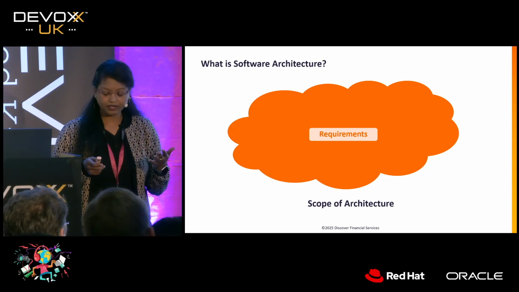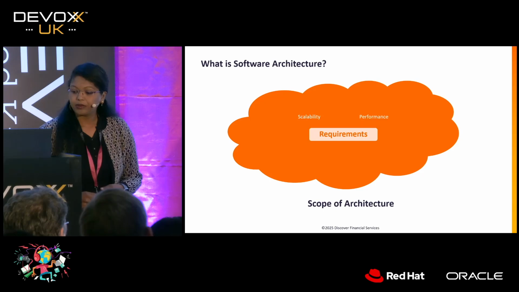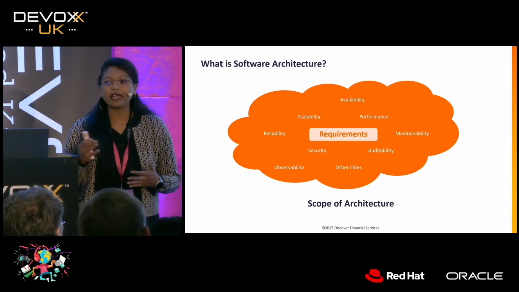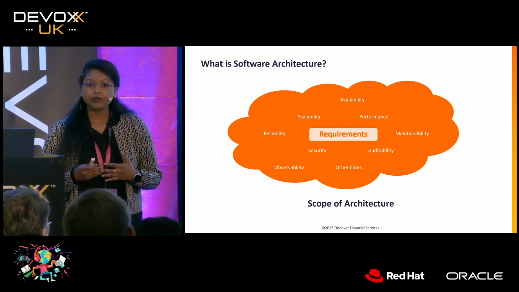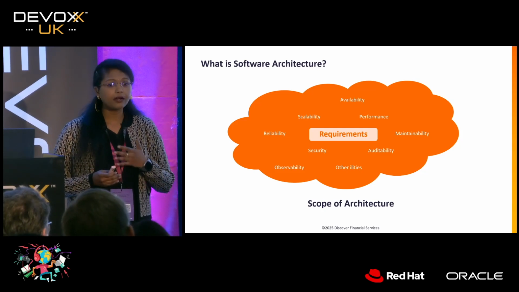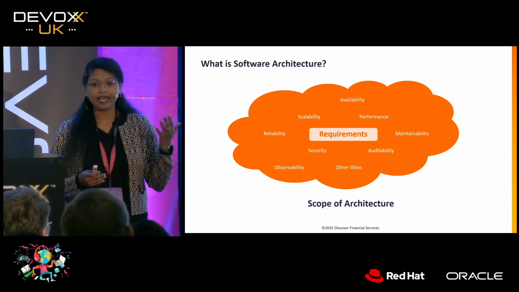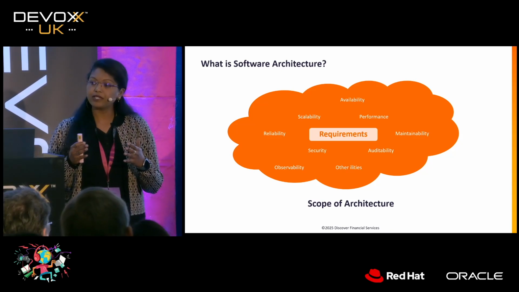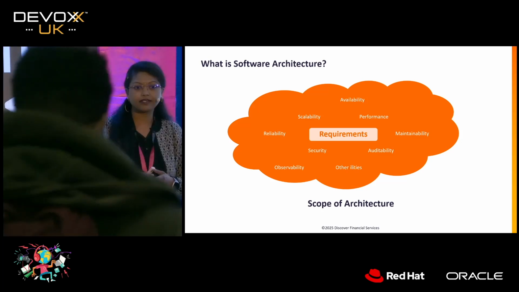There is more to it. So the non-functional aspects like scalability, reliability, maintainability, auditability, security, there are various non-functional aspects that are combined with requirements to form this entire scope of architecture.